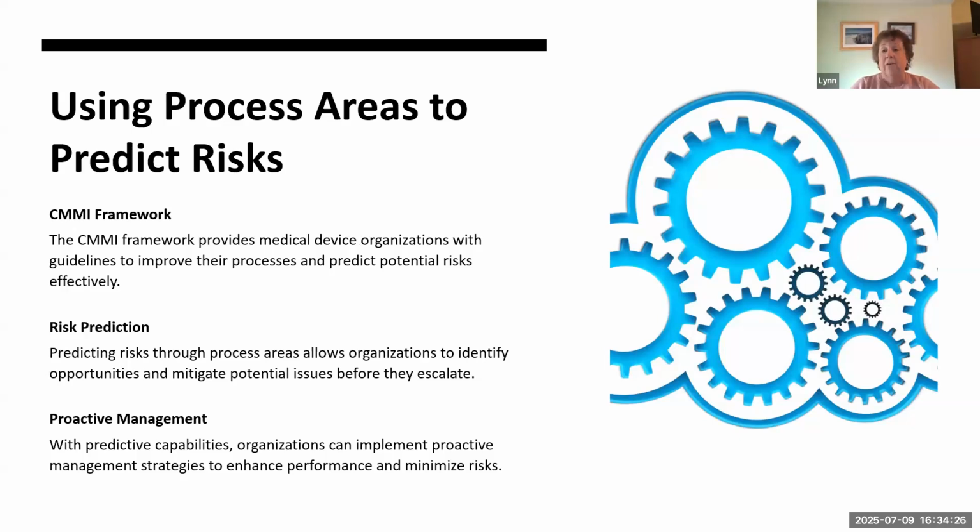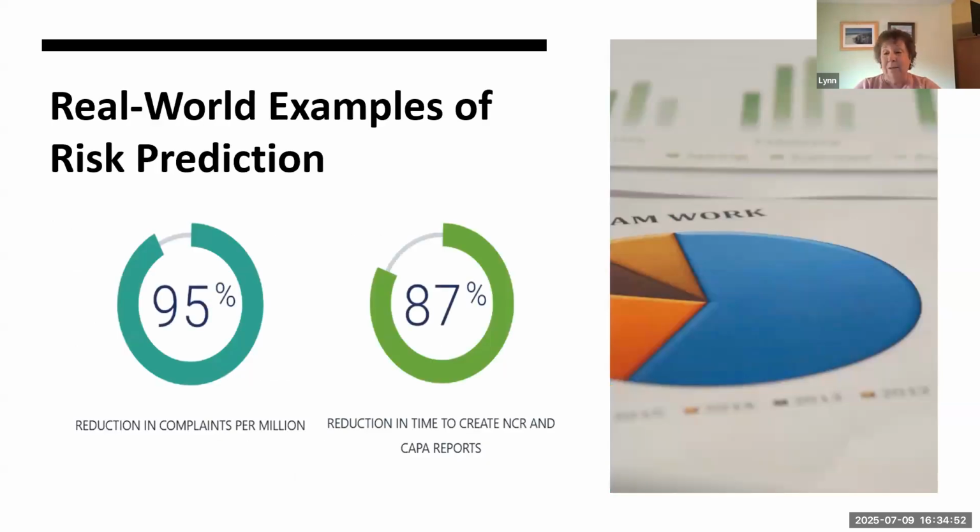And because we can predict those risks, we're helping them with their customers, with their releases, in lessening their nonconformances. And basically, what we have seen in effect is a 95% reduction in complaints per million.